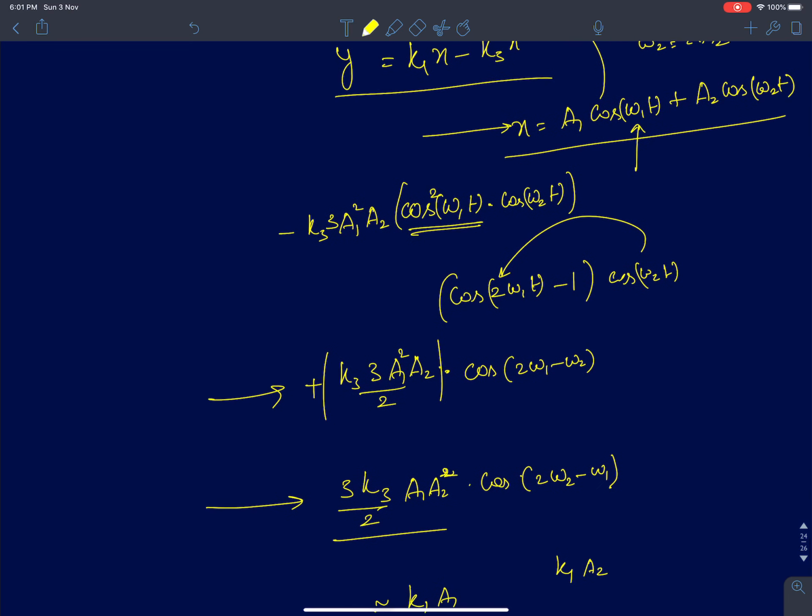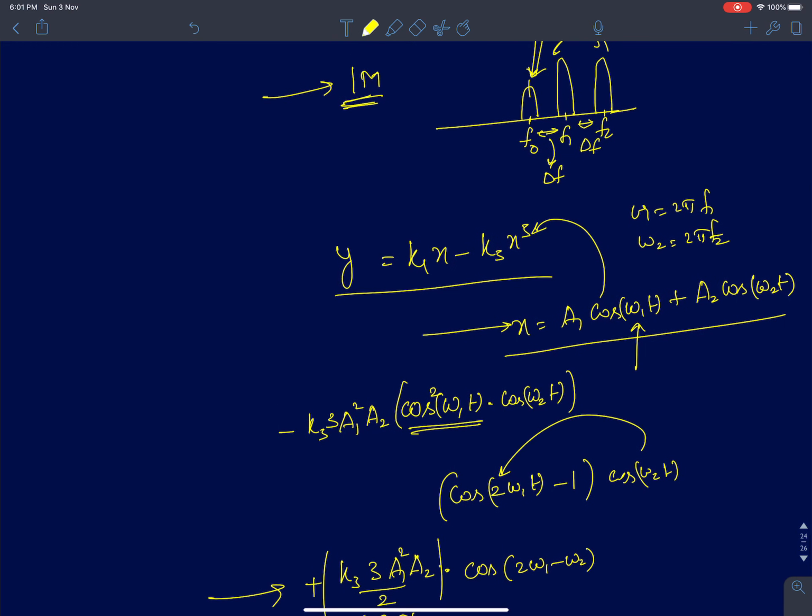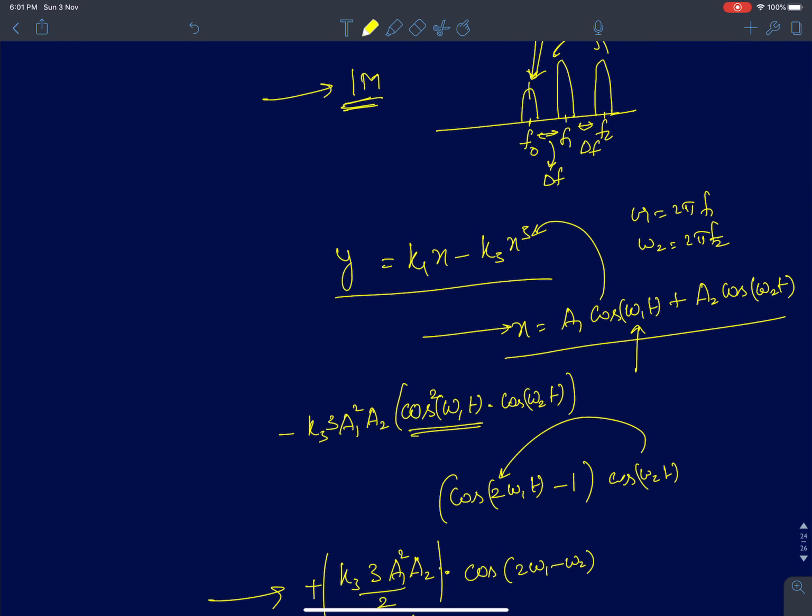I just wanted to see if I made some small mistake in the equations.